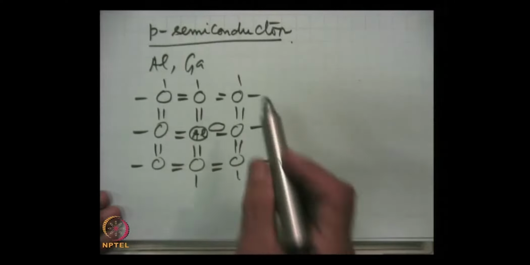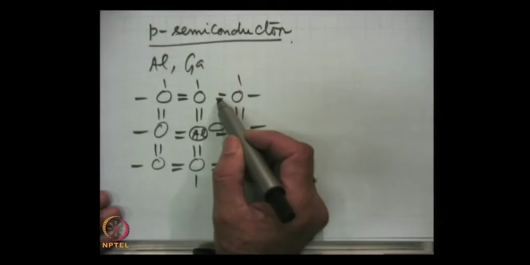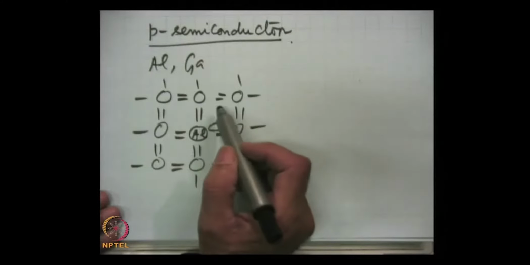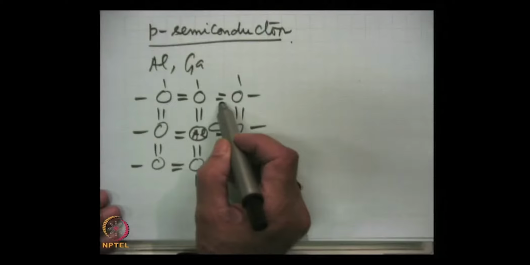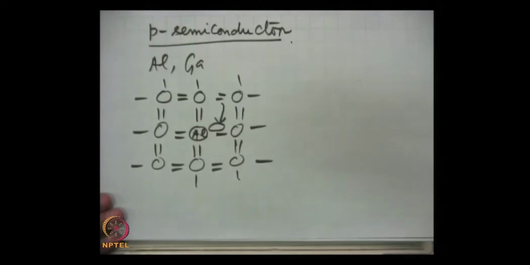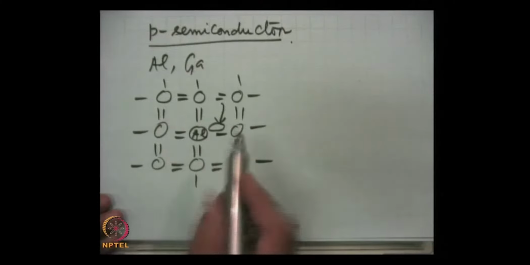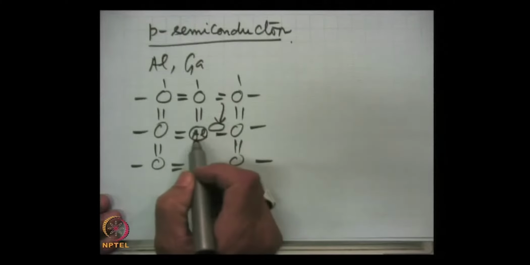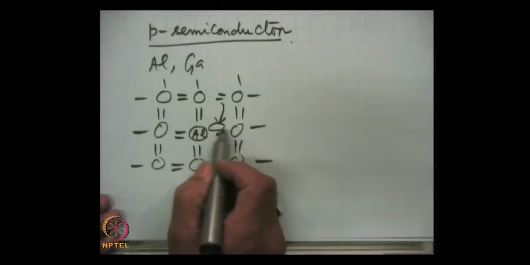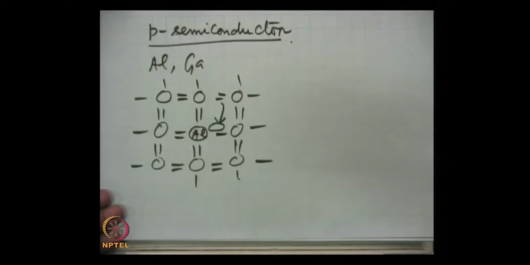Now, an electron from a nearby silicon atom may jump into this vacant state and it will be trapped, it will form a bond with aluminium.